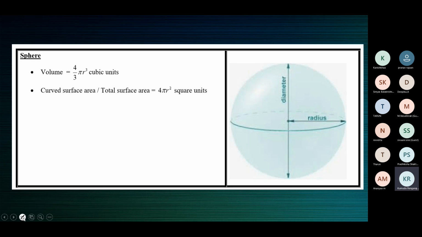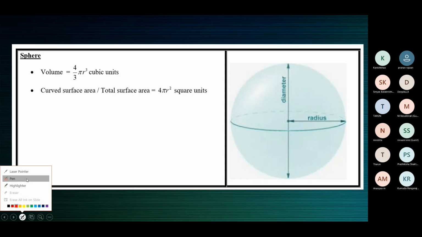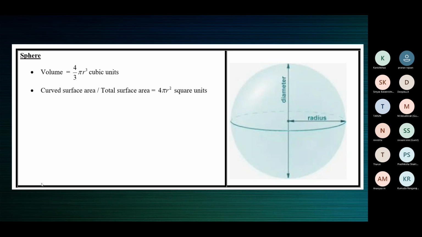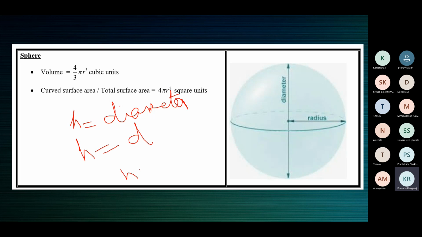Height of the sphere is equal to its diameter D. That means height is equal to twice the radius.